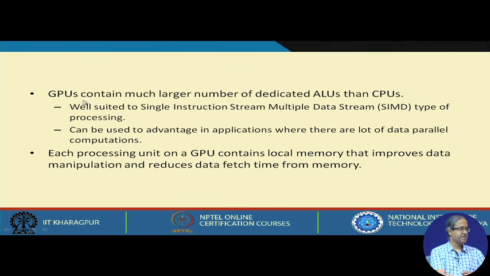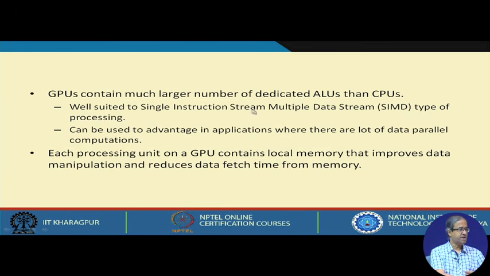So, some of the characteristics of GPUs is that, as I said, it is based on the SIMD mode of computation or processing. So, there are a large number of arithmetic logic units. When I say large number, it goes in the order of thousands.